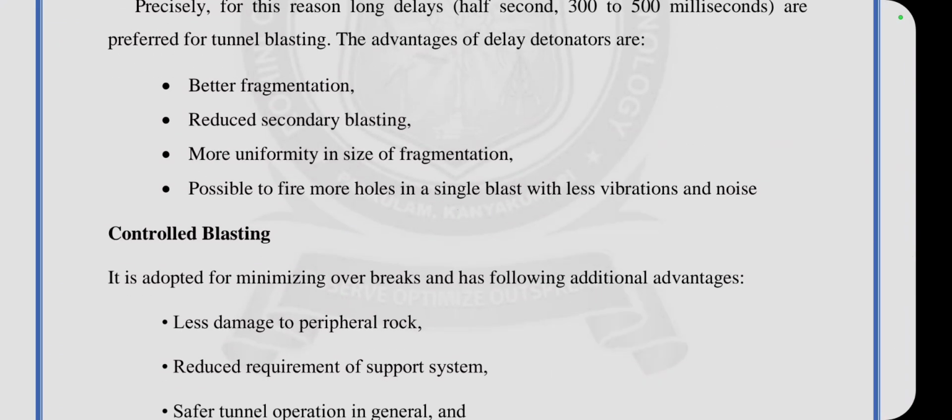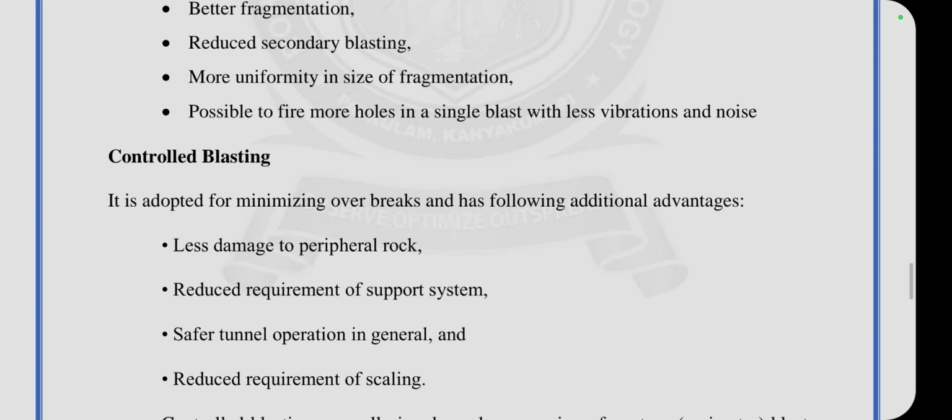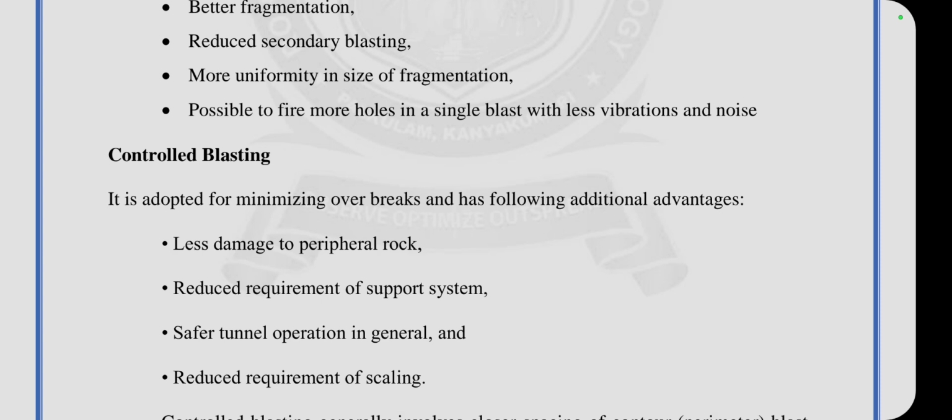The advantages of the delay are better fragmentation, reduced secondary blasting, more uniformity in size of fragmentation, controlled blasting, less damage to periphery, reduced requirement of support system, safer tunnel operation in general, and reduced requirement of scaling.